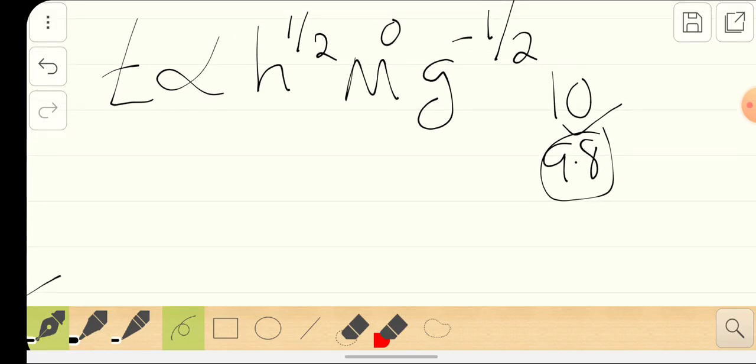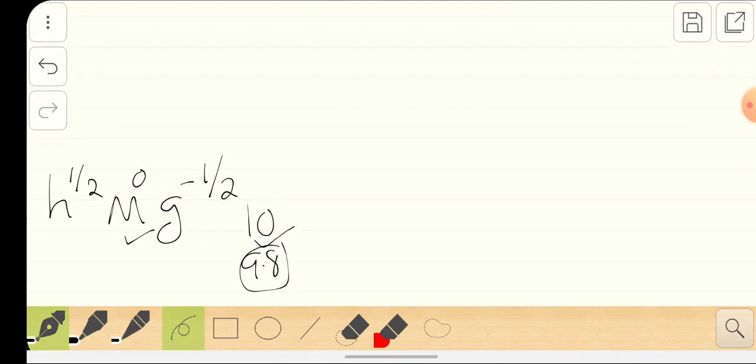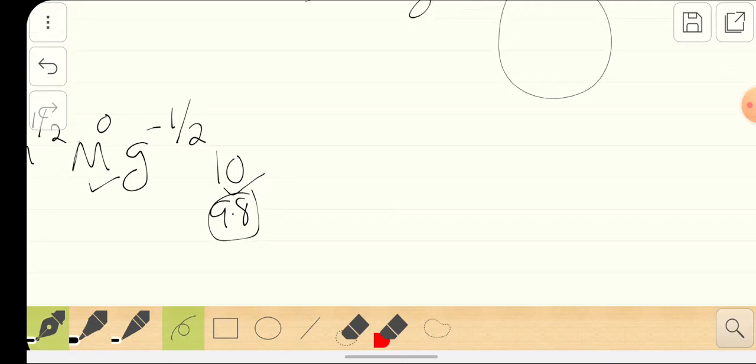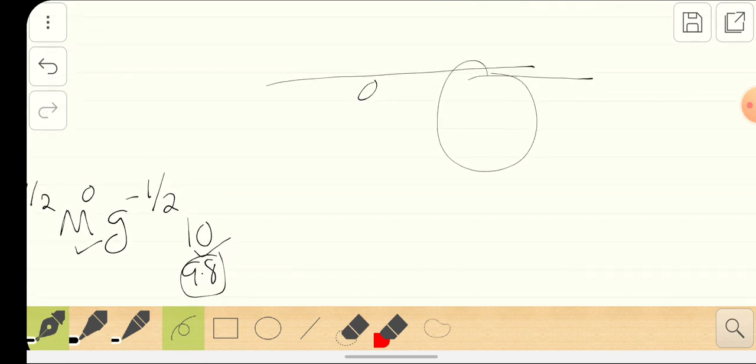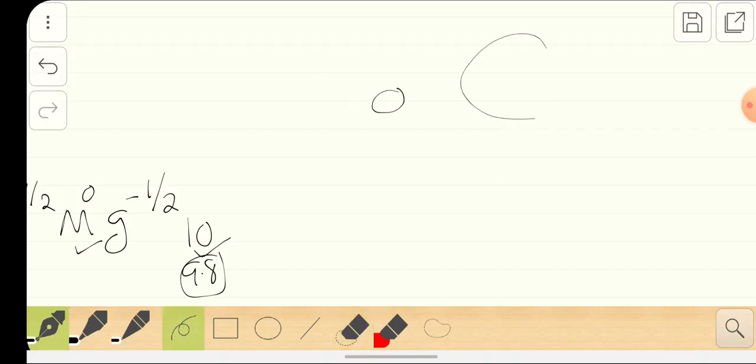If you look carefully, you can see directly that t is not depending on mass. So the heavier the object, the lighter the object, bigger or smaller, if it is dropped from the same height, it will fall to the ground in the same time.